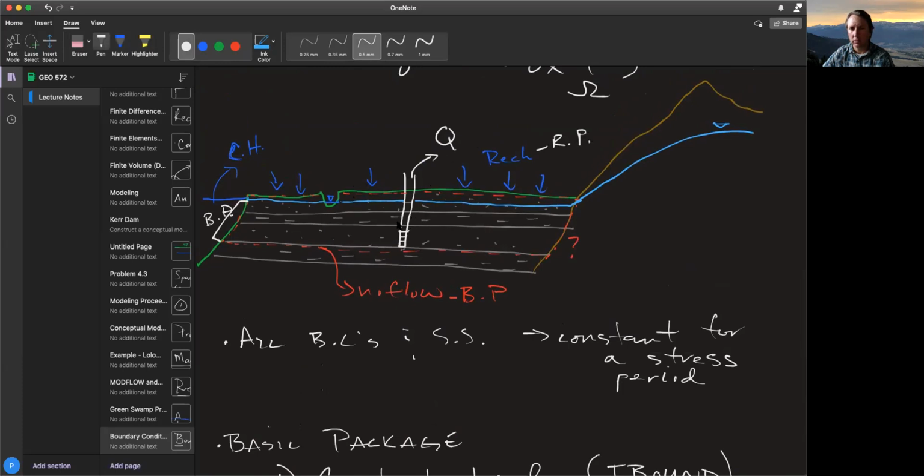Now, the next thing I want to deal with is the discharge here. This is a source or a sink. So this would be R in our equation. A source or a sink, what R tells me is the location and the volumetric discharge of flux out of here.